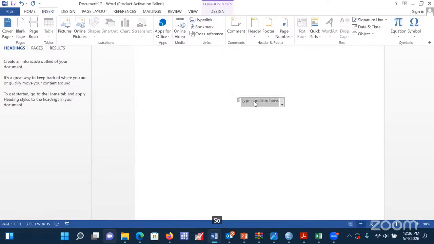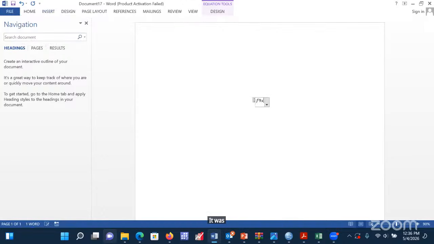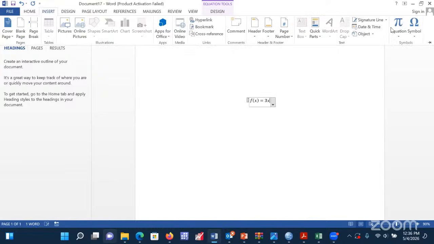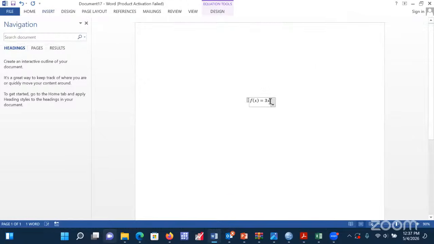So let's assume we have f of x equals 3x to the power of, exponential.